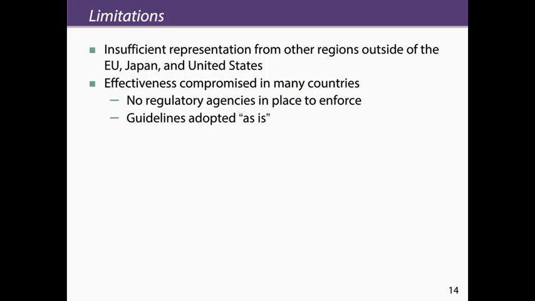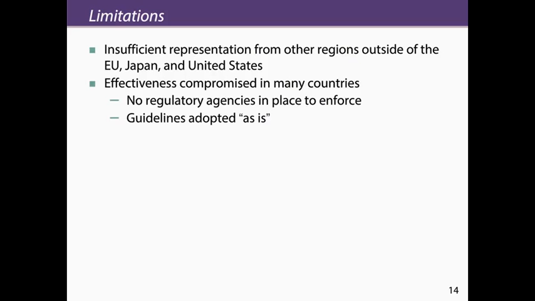In countries where clinical research is relatively new, the infrastructure may not be developed to provide appropriate oversight. Additionally, guidelines were intentionally written to be vague enough so that countries could adapt them to their local situations. Some countries haven't done that, and so the guidelines are adopted as is and aren't nearly as effective in a local situation.